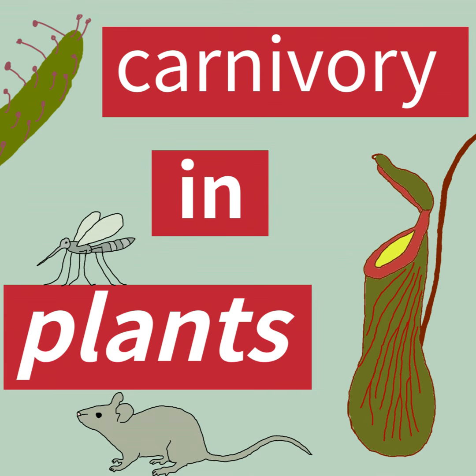So how does the trap close? Well, the trigger hairs act as a specialized touch sensor, so when they are bent by prey, they are instantly able to convert this mechanical pressure into an electrical signal. This is very similar to how, for instance, in our skin we have touch sensors that, when you press, the mechanical pressure deforms the membrane and opens channels that allow ions to pass through and cause an electrical signal.